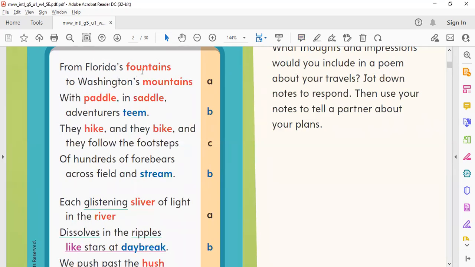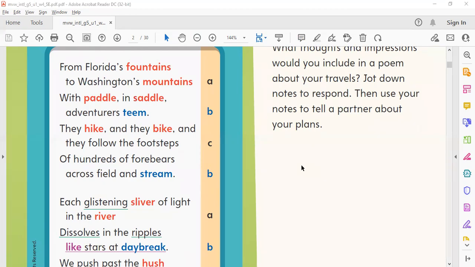As you can see here, we have an end rhyme in A. Where is it? "Florida's fountains to Washington's mountains." Fountains and mountains rhyme together at the end of the line, so they are called end rhymes. And also here, "with paddle and saddle" is an internal rhyme because both words are in one line, so they rhyme together.